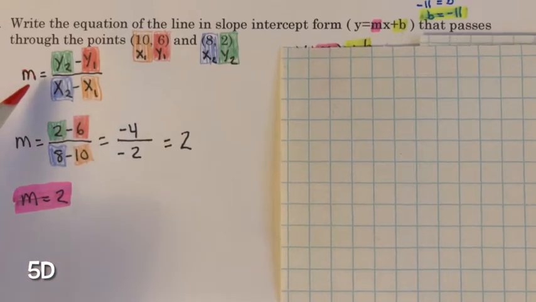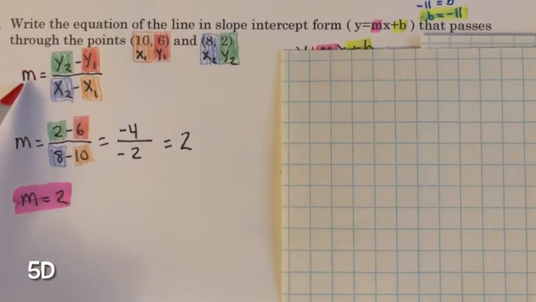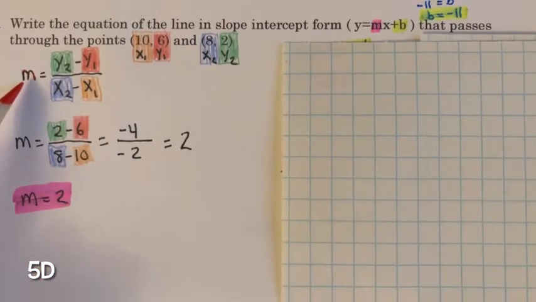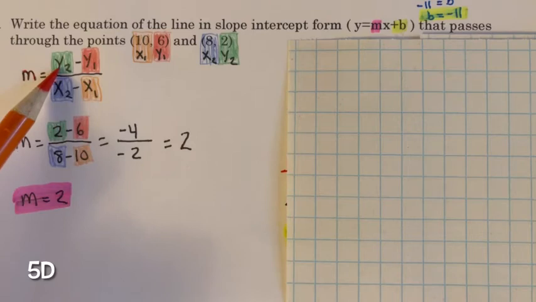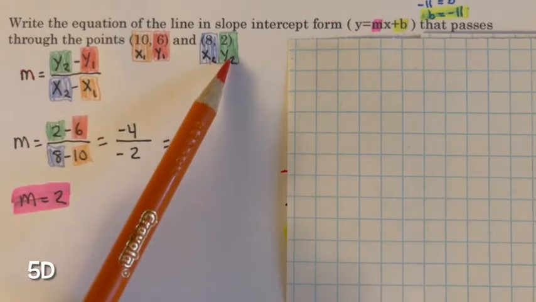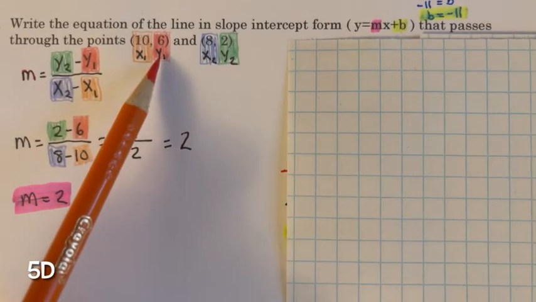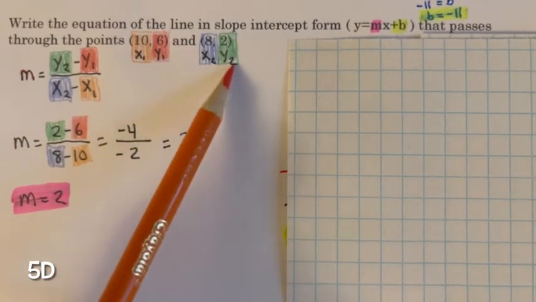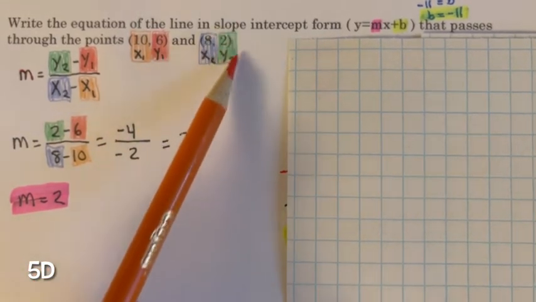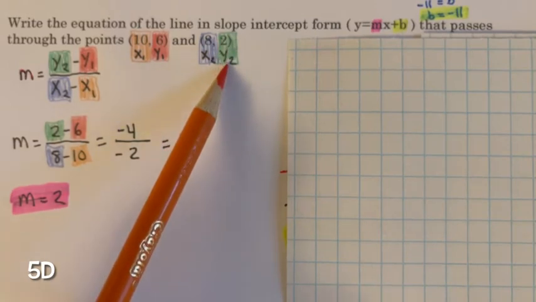So in order to do that, if you have two given points, to find the slope, you use the slope formula, difference of the y's over difference of the x's. So I'm going to subtract y2 minus y1. So I'm going to identify this as y2, this y1. I could do this y2 and this y1, but I'm going to put this as y2.